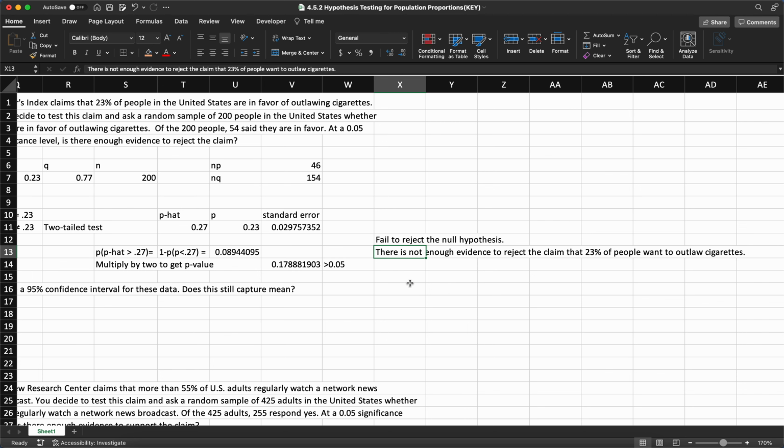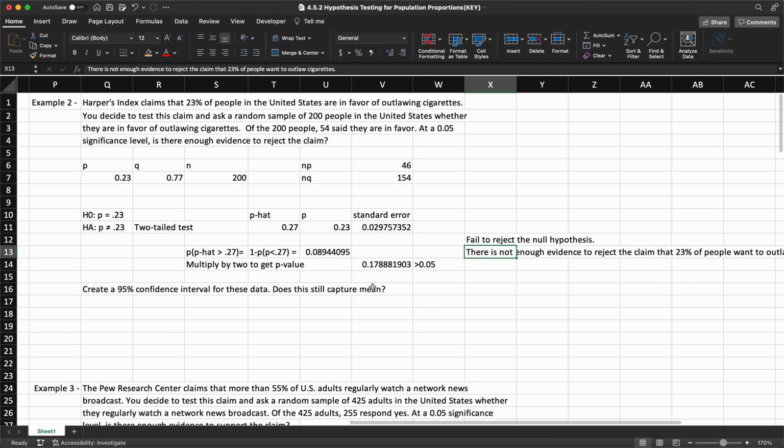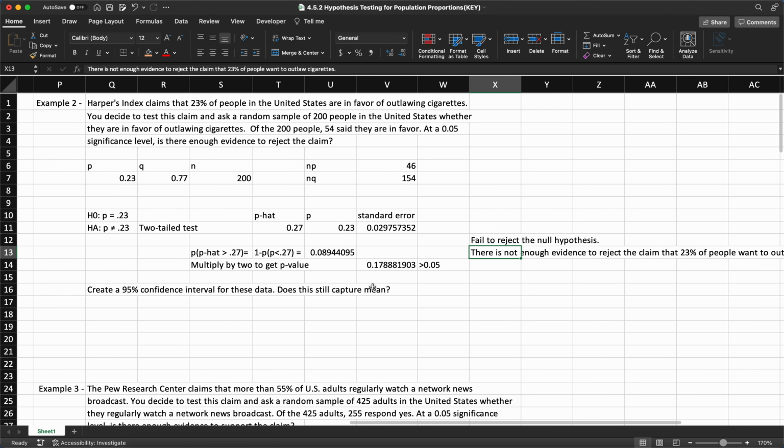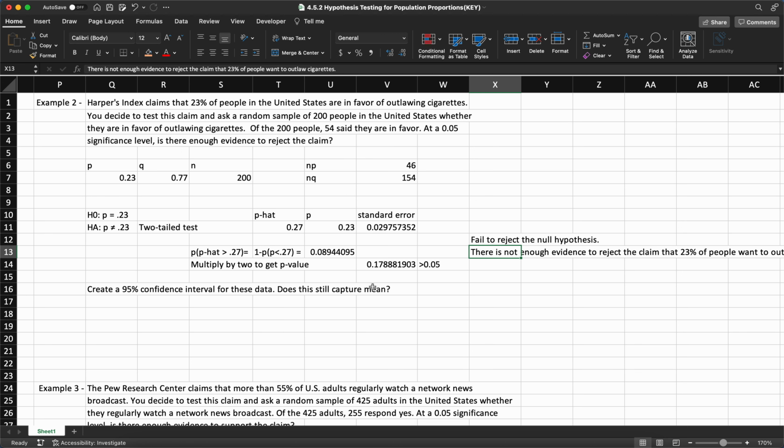I'm not saying that it's right, I'm just saying that we don't know that it's wrong. And that's it. There's not enough evidence. Now, if we had done this differently, if we had chosen a significance level of 0.2, then we could reject the null hypothesis. But then we have 20% of uncertainty, and that's not great.